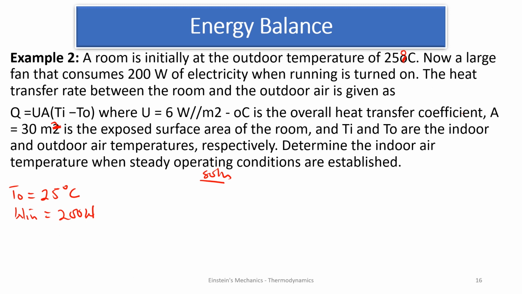So we have our Q to be U A times Ti minus T0, where U is given as 6 watts per meter square, and our A within the equation is given as 30 meter square.